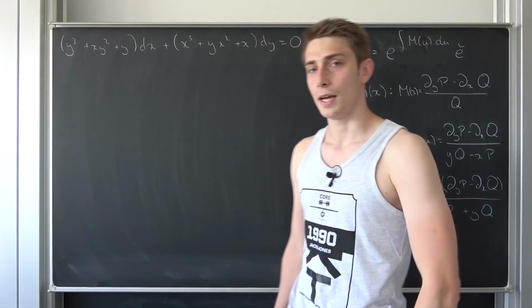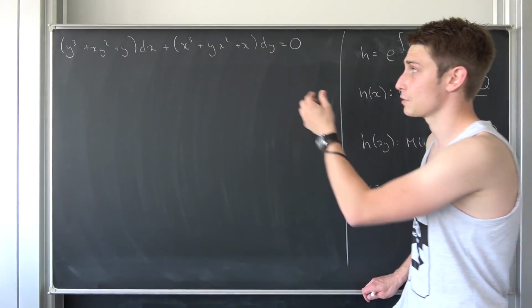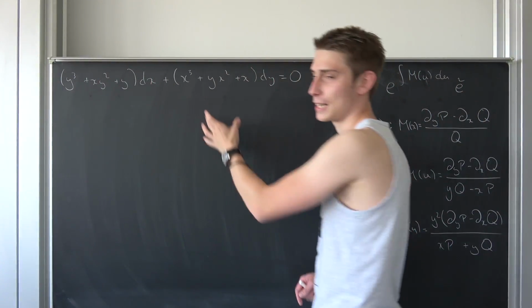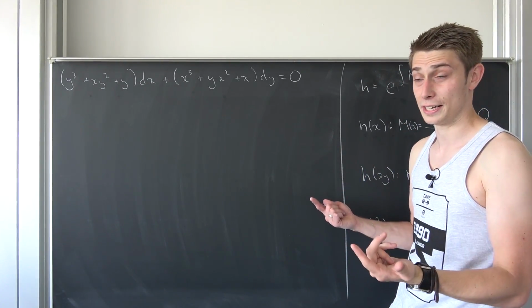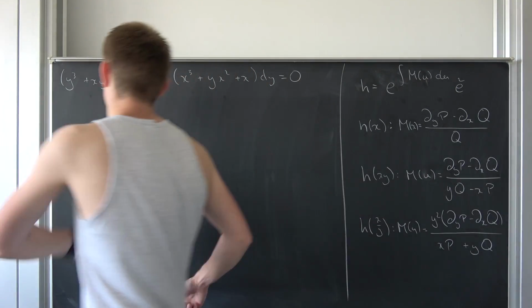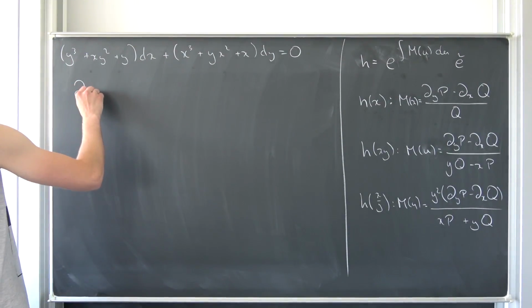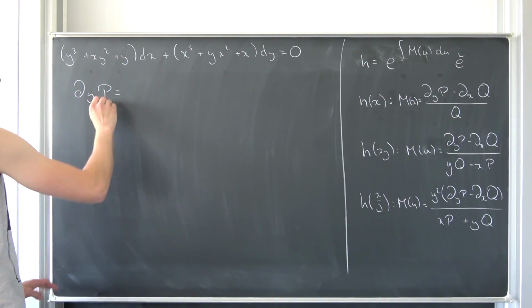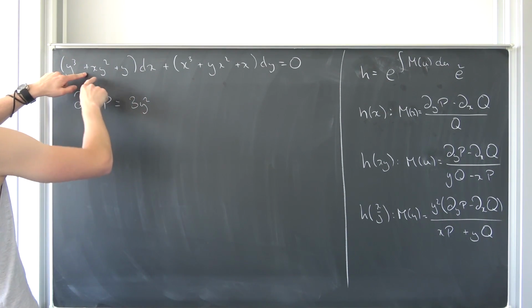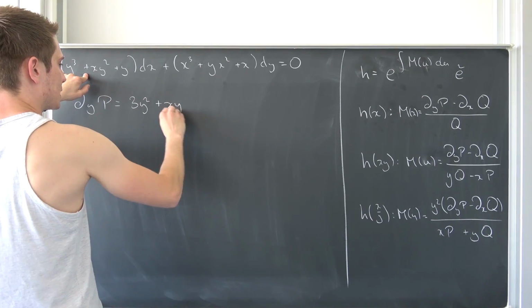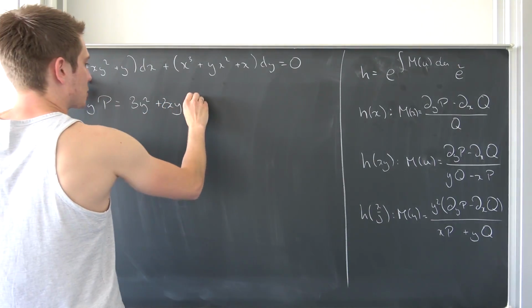Okay, so at first, you see this differential equation is nice and symmetric in x and y. We're going to see if this is actually exact or inexact. It's inexact. So let us see what del y p is going to be. Well, this is going to give us 3 times y squared plus 2 times x times y plus 1.